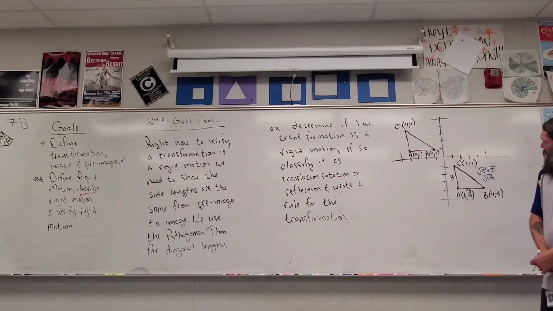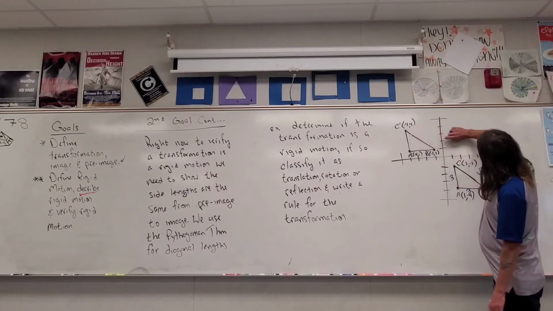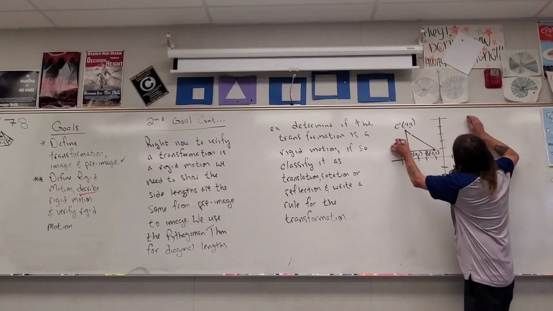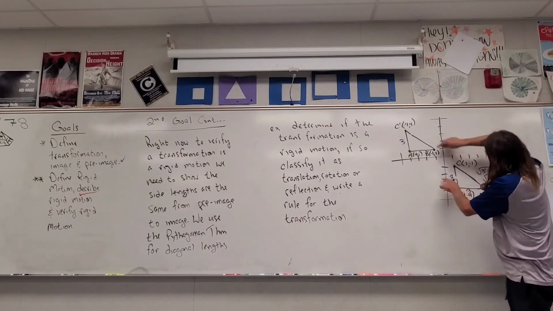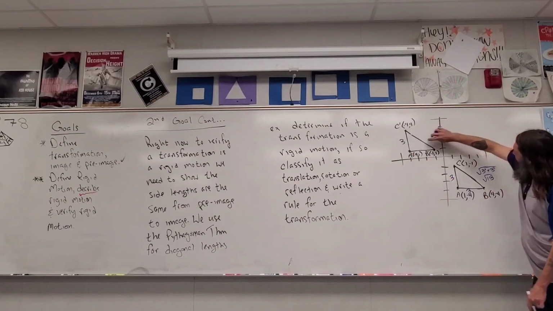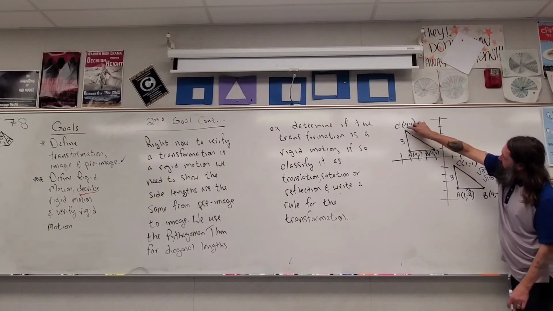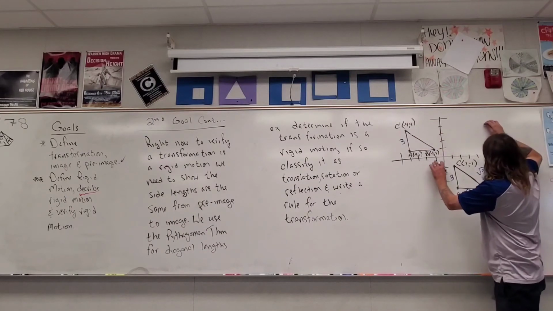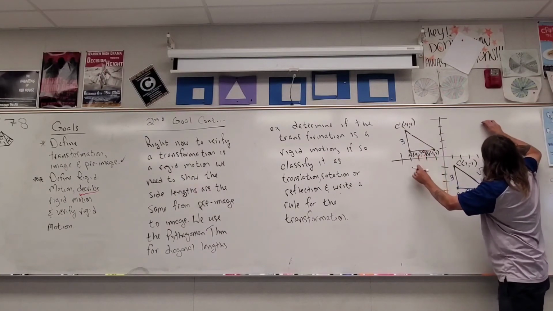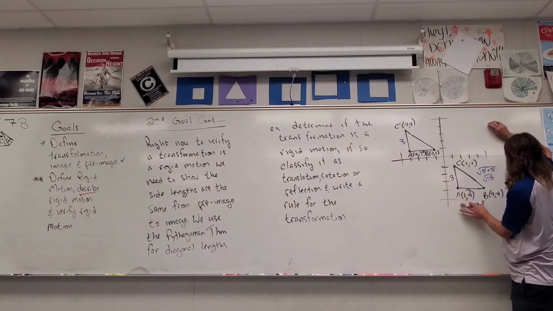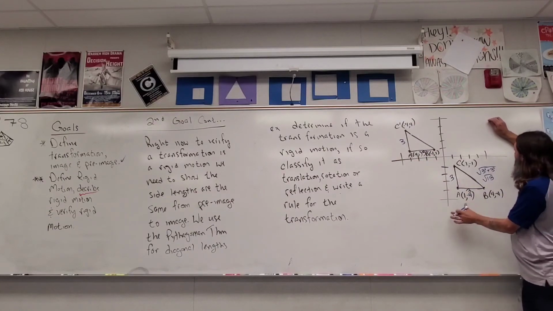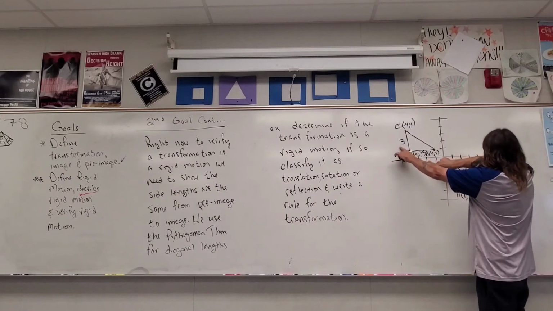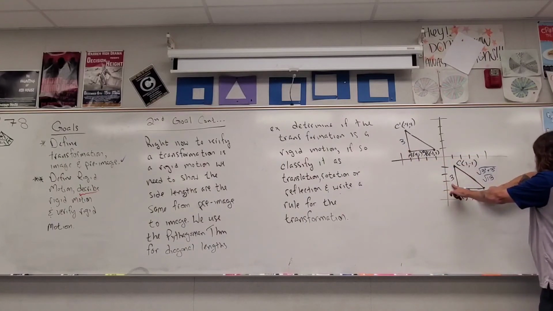So let's look at the second triangle. To go from A prime to C prime, I have to go up 1, 2, 3. So these are the same length. To go from A prime to B prime, I have to go over 1, 2, 3 as well. So A prime to B prime is the same length as from A to B. And notice the lengths of these legs are the same as the lengths of these legs.